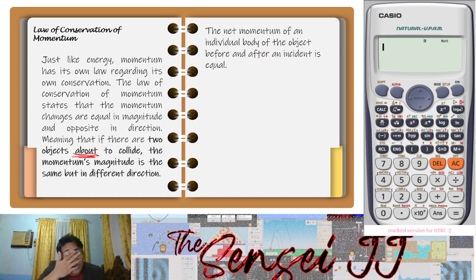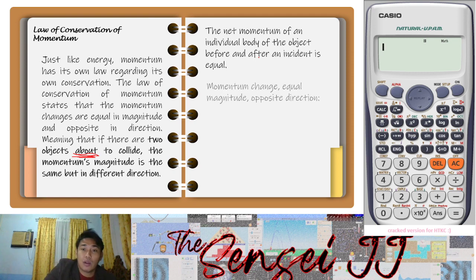For example, from our previous lessons, you cannot give what you don't have. So the net momentum has its law also, that you cannot produce a greater momentum if you don't have a great momentum. Before and after the incident, it is equal. Momentum change has equal magnitude and opposite direction.